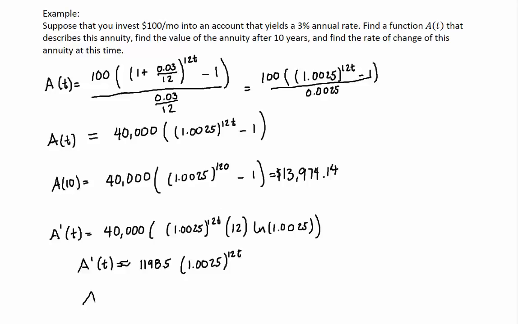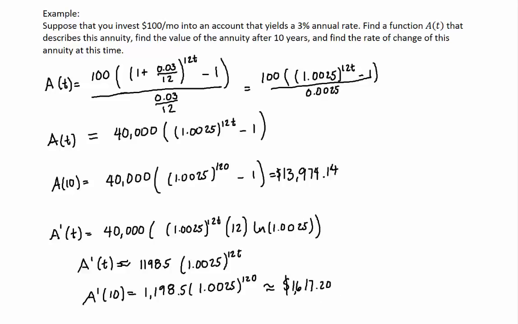So if I want to find out how my annuity is changing at year 10, I'll just evaluate it here, and that would be 1.0025 to the power of 120, which is approximately equal to 1.35. So it's approximately $1,617 and 20 cents.